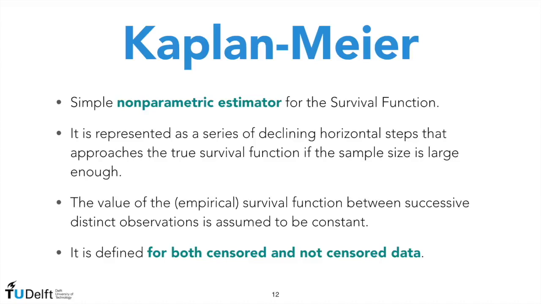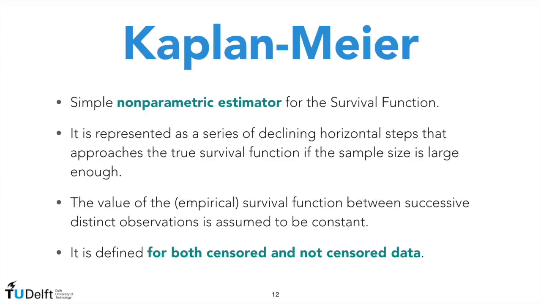It is defined for both censored and non-censored data, and in practical terms it is represented as a series of declining horizontal steps that approaches the true survival function if the sample size is large enough.